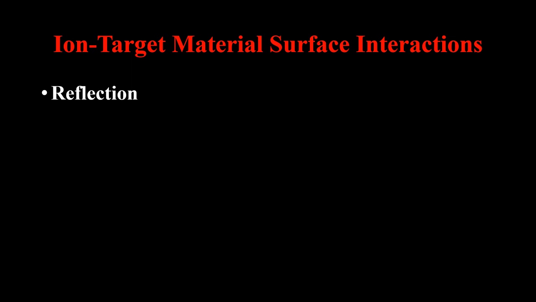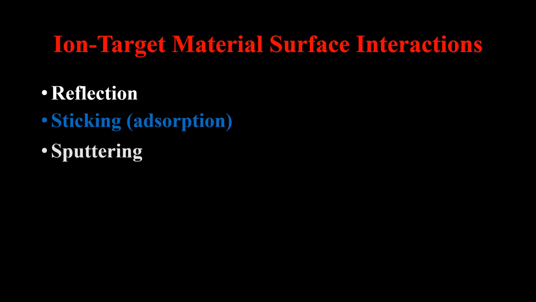They can cause reflection, they can be rebounded on the application of bombardment. Ions may stick to the surface of the source material depending on the energy of the ion and also the property of the source material or the property of its surface.